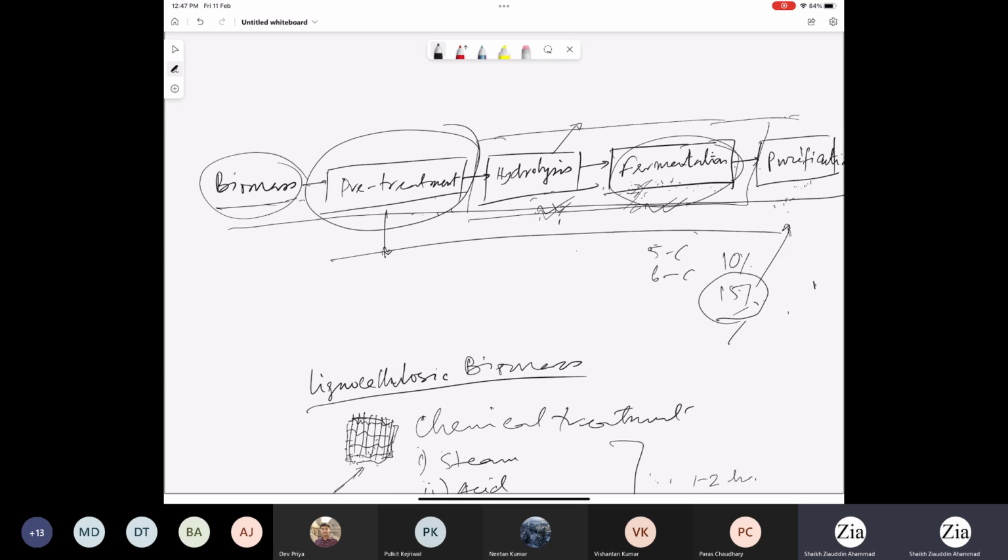Subsequently the broth can be passed through centrifugation or filtration to separate the biomass, and the liquid can be sent to the distillation column, where you get the azeotropic mixture.